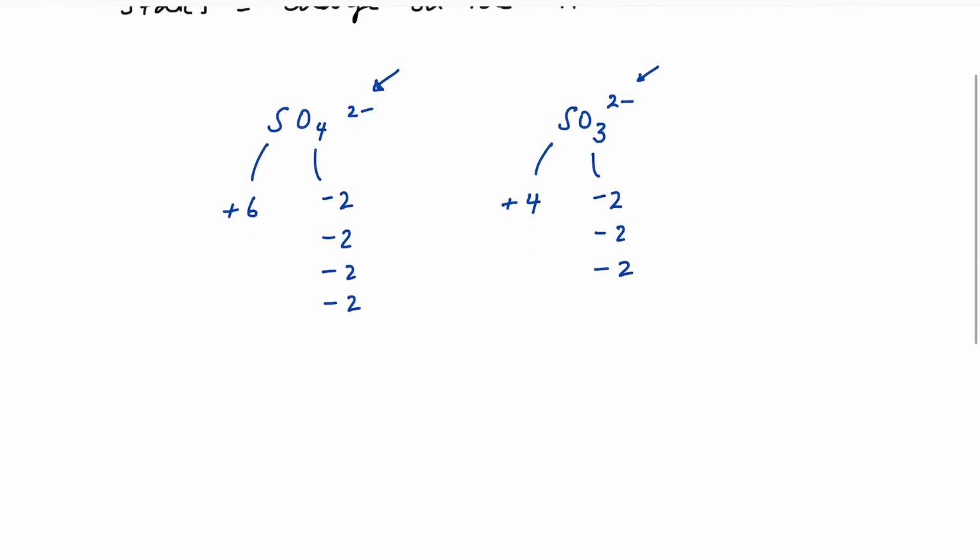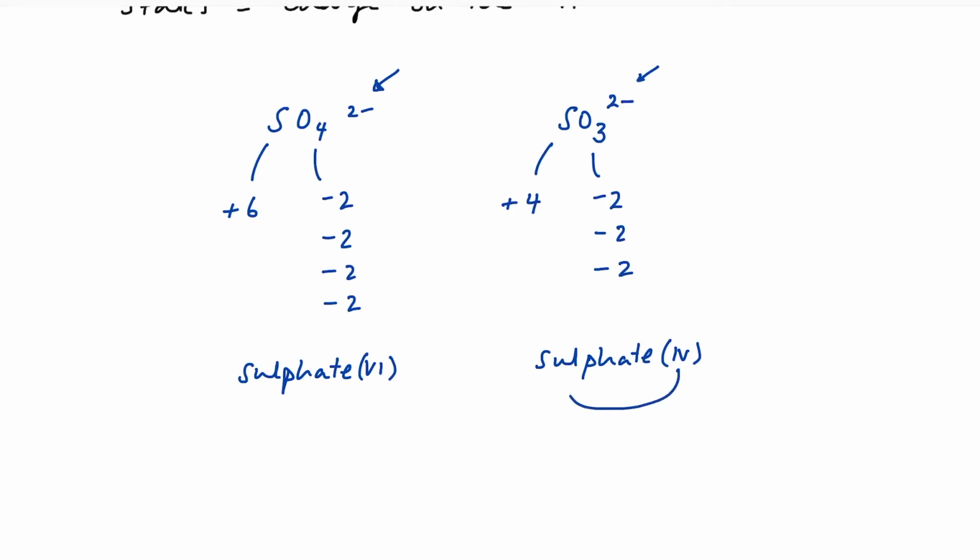In modern times, we can again put the oxidation state into the name. So this would be sulfate 6 ion, and this one here would be sulfate 4 ion, as in copper sulfate 6 or copper sulfate 4, for example.